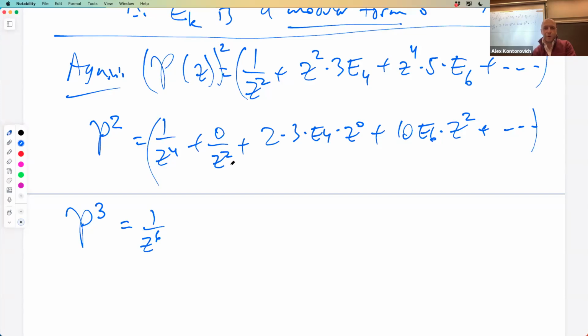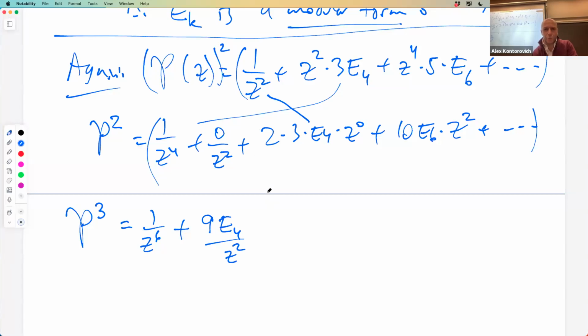Can I get a 1 over z squared? Yes. This times this is a 1 over z squared. Is there anything else that's a 1 over z squared? This times 1 over z squared times a constant is also 1 over z squared, right? So the coefficient in front of 1 over z squared is I'm getting a 3e4 and 6 more e4s. So I get a 9e4 over z squared. Does that look right?